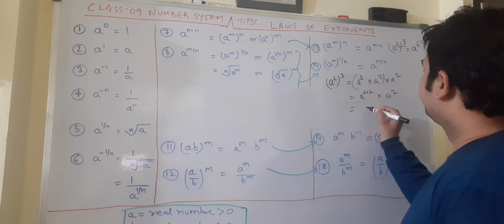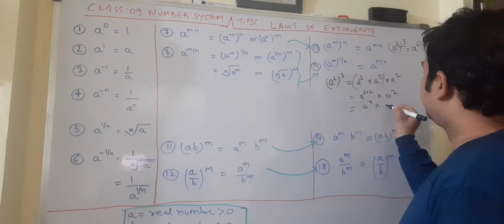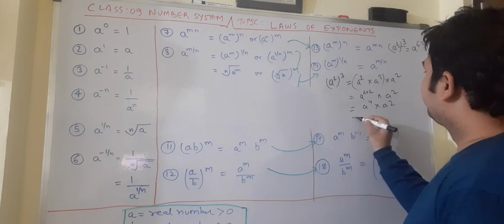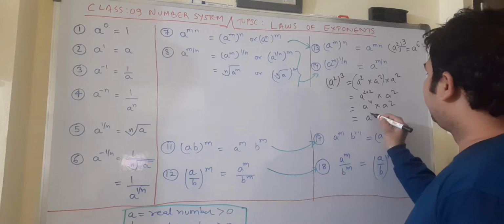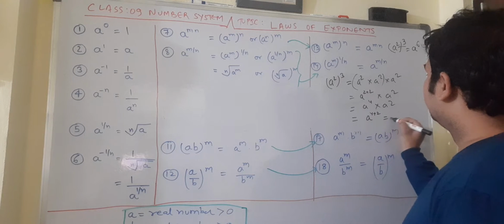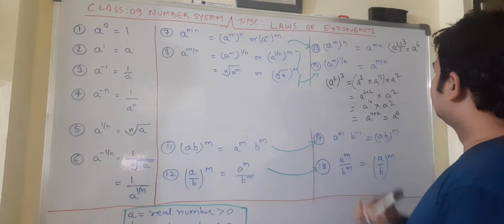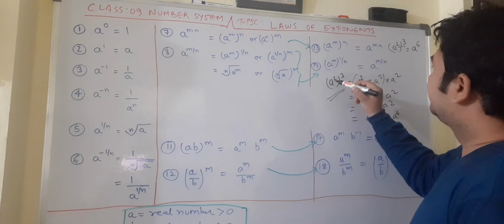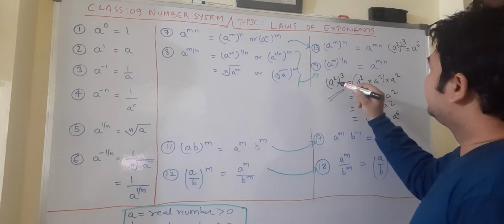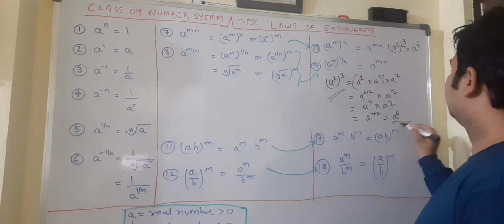This will become a to the power 4, and again a to the power 4 into a to the power 2. Base will remain same and the power will add up. It becomes a to the power 6. So what have we obtained? A to the power 2 to the power 3 becomes a to the power 2 into 3, which is 6.